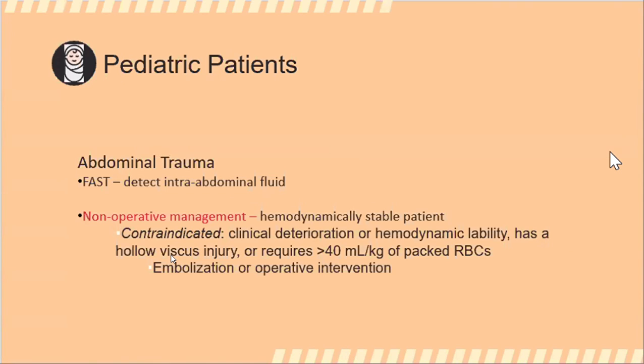So pag unstable yung patient, pag bumabagsak yung BP, bumabagsak yung hemoglobin, baka mas extensive na solid organ injury. So, you need operative intervention. You need to secure blood for transfusion. But in high-end centers, you can do embolization instead of operative intervention.